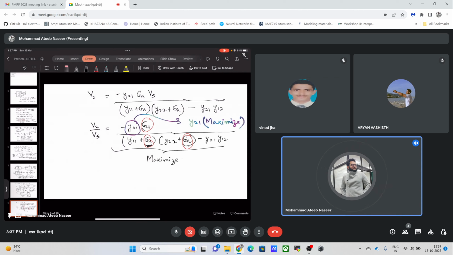But if we try to make this denominator 0, there is one problem associated with oscillations. It would result in the instability of the circuit. So the denominator can't be 0.